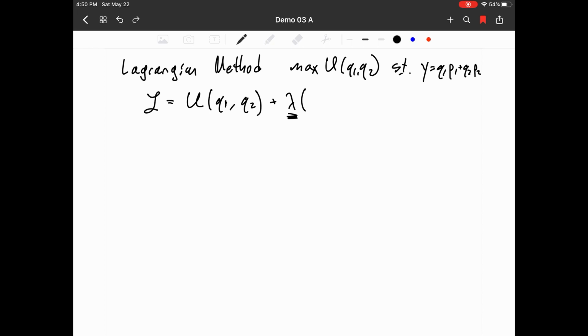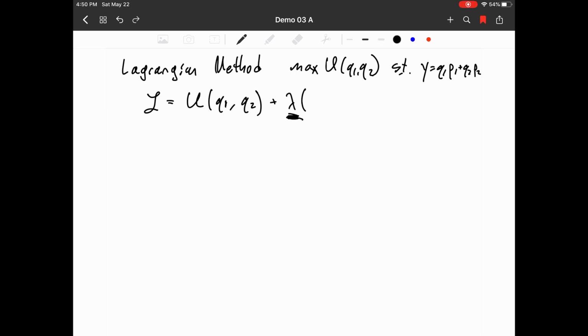So there is some interpretation here. I'm not going to talk about everything that's involved here. We're going to gloss over most of the dirty details. We're just going to talk about how to set this up. So here we have the budget constraint, and we're just going to set this equal to 0. So essentially, we're not introducing anything else into the problem. We're saying this lambda is multiplied by 0, so we're not changing the utility level.